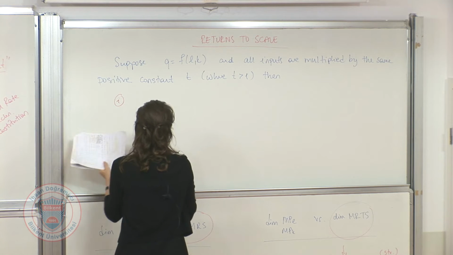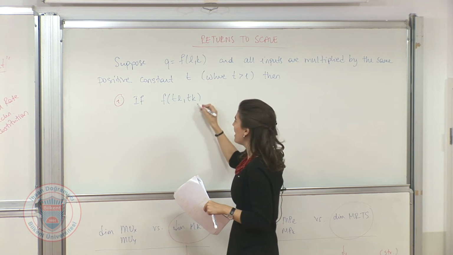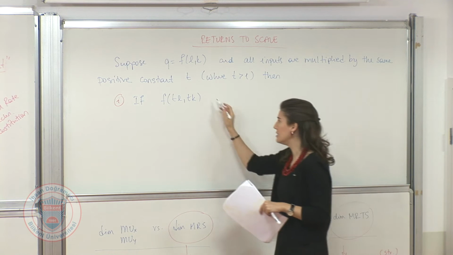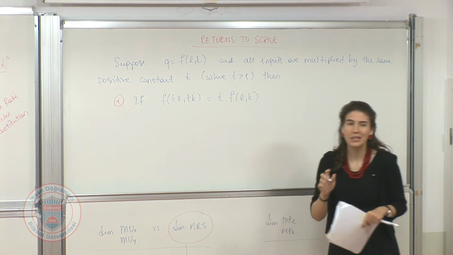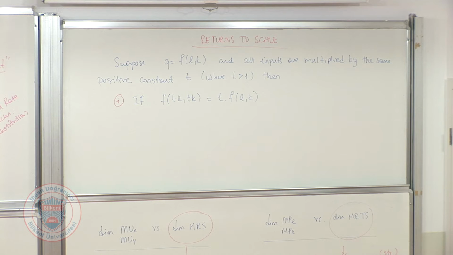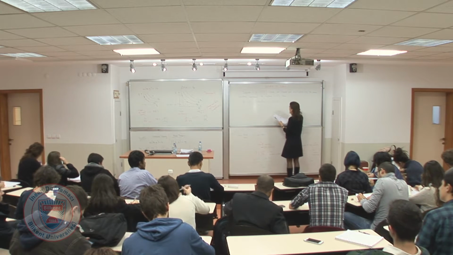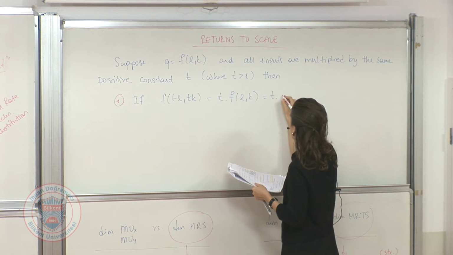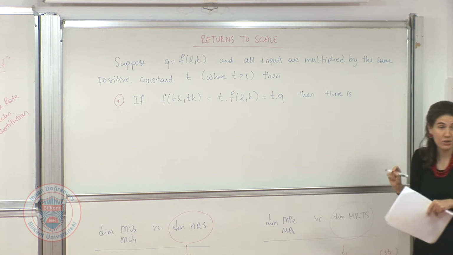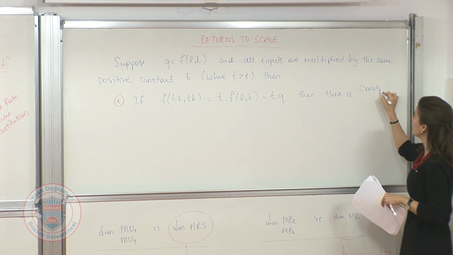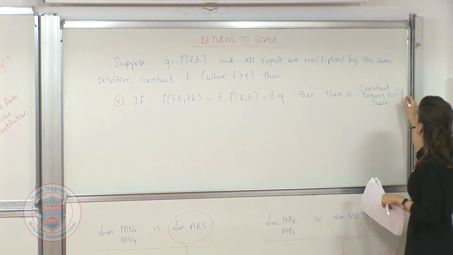So let's consider this. If you multiply all the inputs by the same positive constant t, and the output is t times Q, that is, I double my inputs and my output doubles, I triple my inputs and my output triples, then we say there is constant returns to scale, usually denoted by CRS.